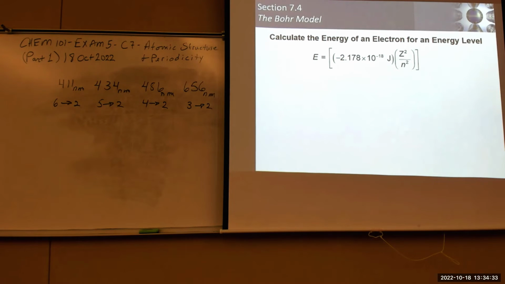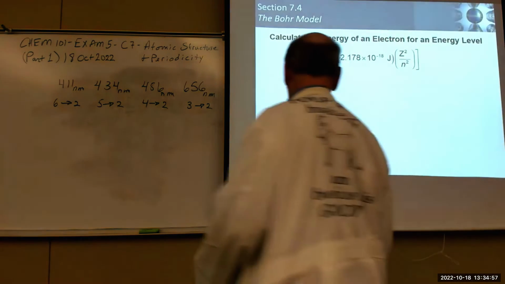I don't have it memorized. Where is it? I was looking for H. Does it say where H is? Here it is. Yeah, that's not Planck's constant. We'll call it Bohr's constant until they tell us different.